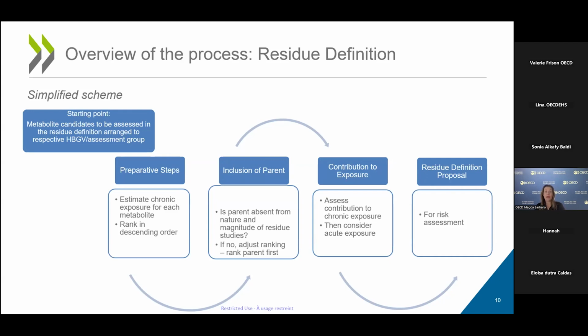Then we have to ask ourselves if the parent compound is absent from the nature and magnitude of residue studies. If not, we have to adjust the ranking again and incorporate the parent, putting it on the top. After that, we assess the contribution to chronic exposure, and finally, we consider acute exposure. So we can propose a residue definition that can be used for risk assessment.